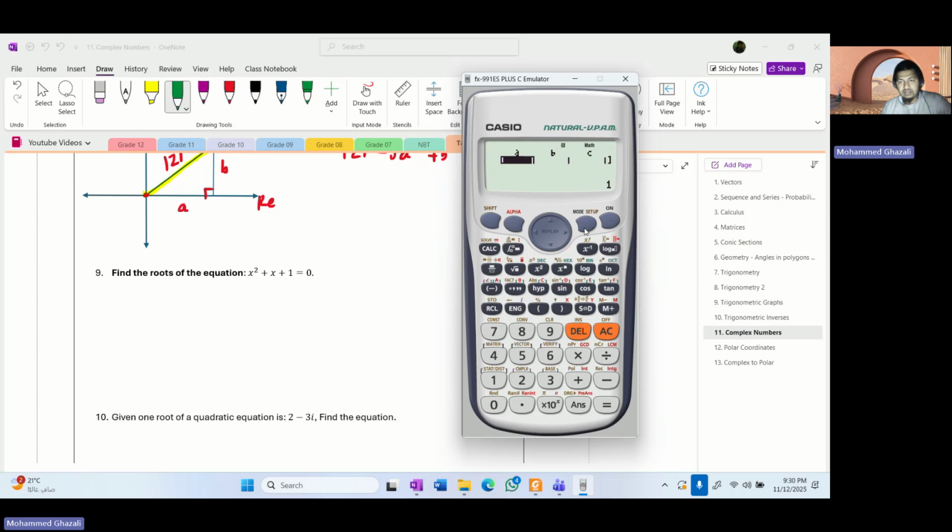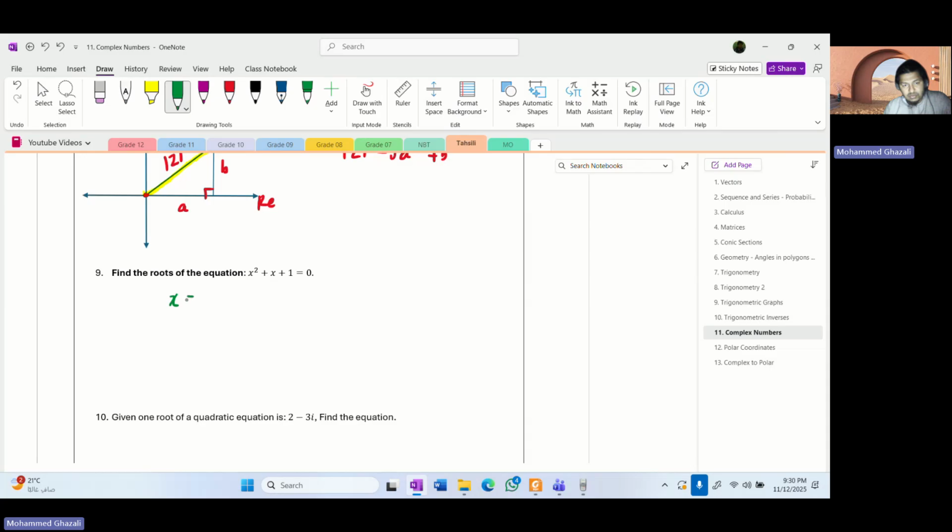So let's get to the same answer. How do we get to the same answer? We use the formula x equals minus b plus minus the square root of b squared minus 4ac, divided by 2a. That's the quadratic formula, right? Now remember, a is 1, b is 1, and c is also equal to 1.